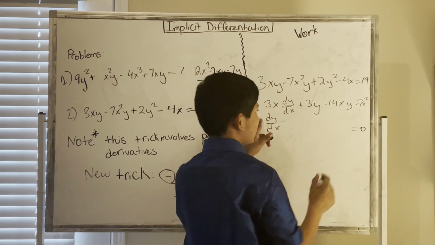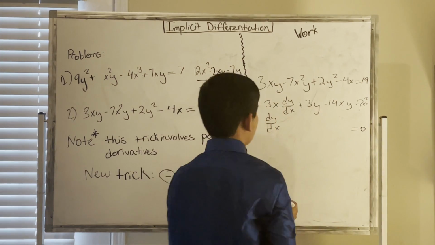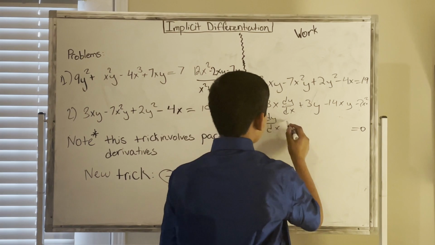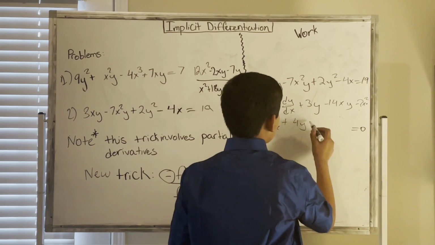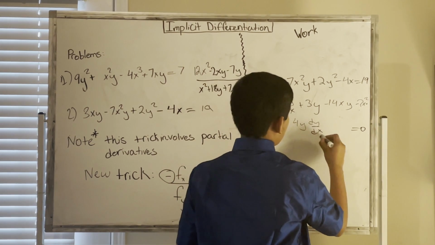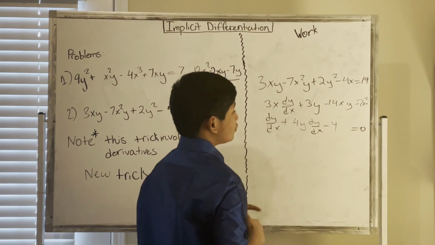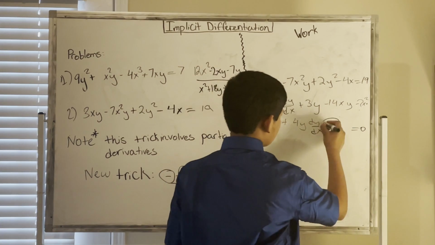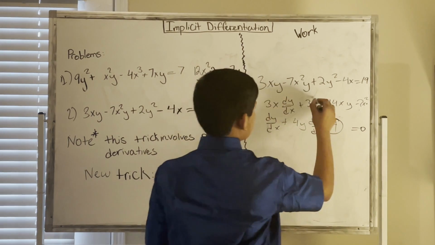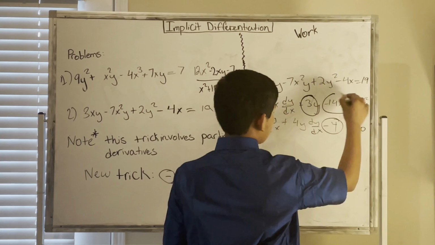This dy dx is multiplied by dy over dx, and then we're going to have plus 4y dy dx minus 4. So let's circle the terms which do not involve dy over dx. So we have this term, and this term. So we have 3 terms.